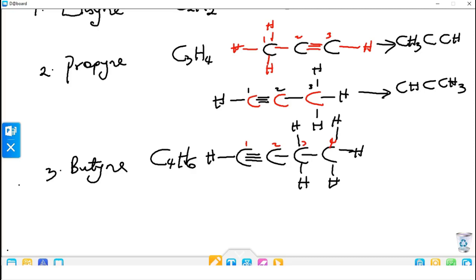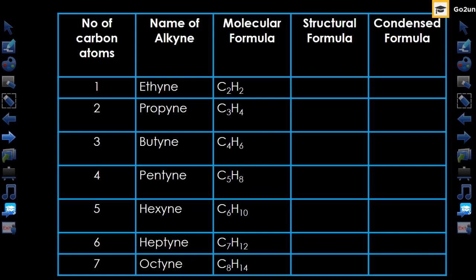So the condensed formula for butyne will be CH≡CCH2CH3. So this is the condensed formula for butyne. So the students can continue on and on with pentyne. You can go ahead to look at pentyne, hexyne, heptyne, octyne, etc.